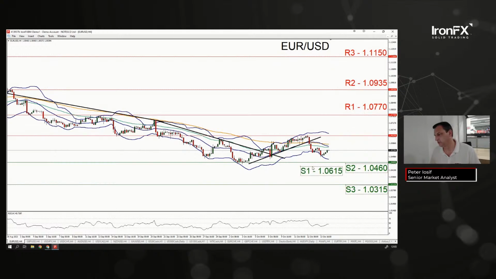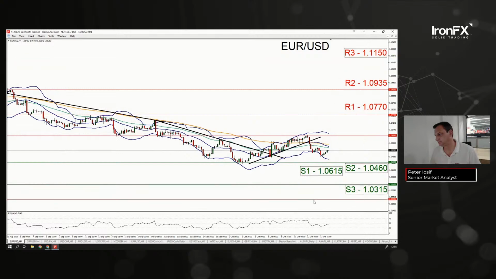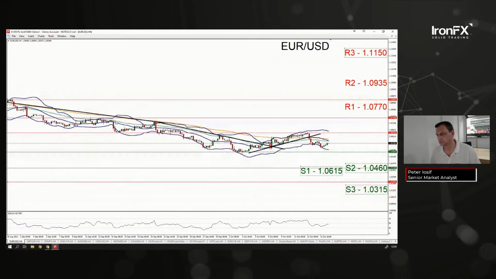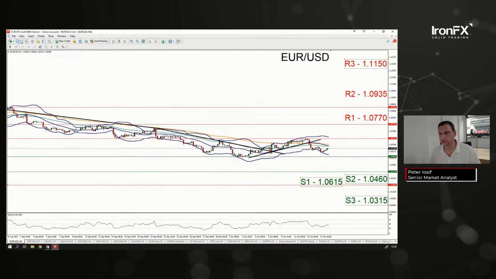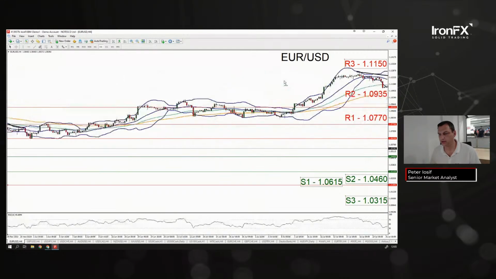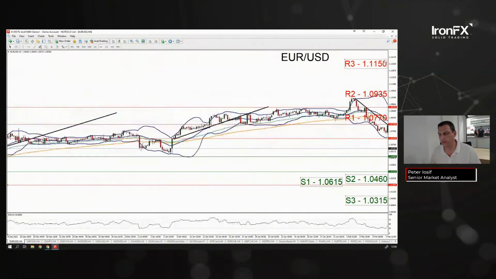Let's go hunting for a new ultimate support line. Let's add also some toolbars. And unlocking the chart, moving back, way back.